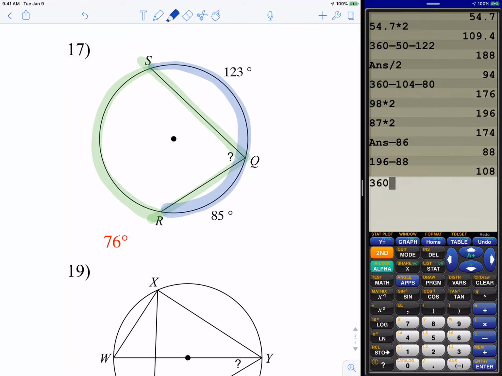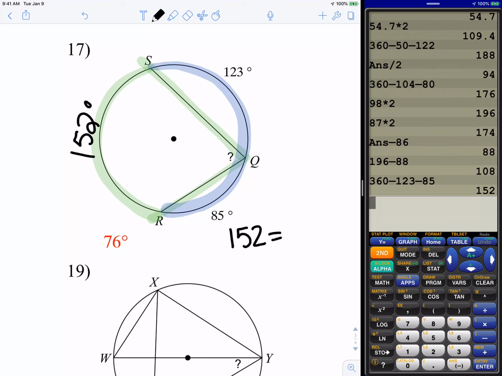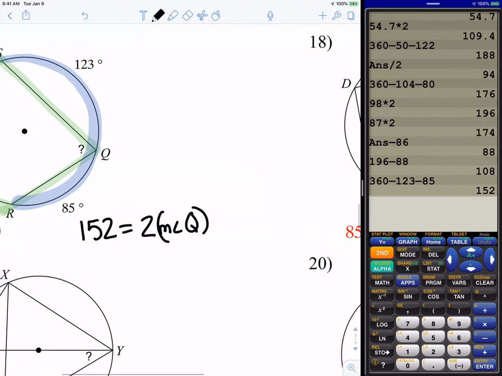So if I subtract 123 and 85 from 360, I get 152 for this arc right here. Again, 152, 123, 85, those add up to 360 because that's the entire circle. All right, then I know that the arc is equal to 2 times the angle. So I can divide by 2 and get 76 for the measure of the angle.